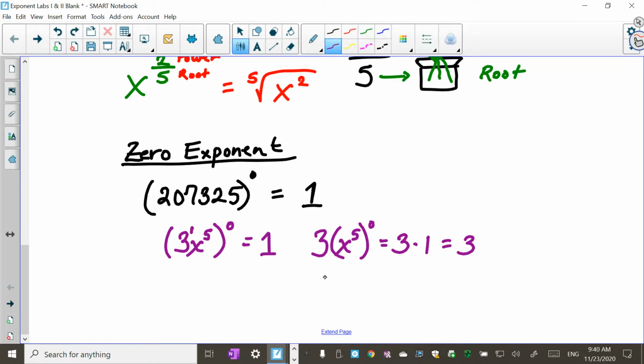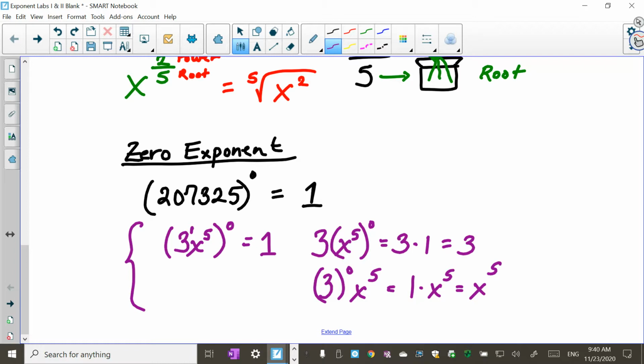The other way you could write it is like this. That's going to be 1 times x to the 5th, which equals x to the 5th. I'm showing you that because lots of times people go, oh, it's 1. Well, it is 1, whatever part is being raised to the 0 power.